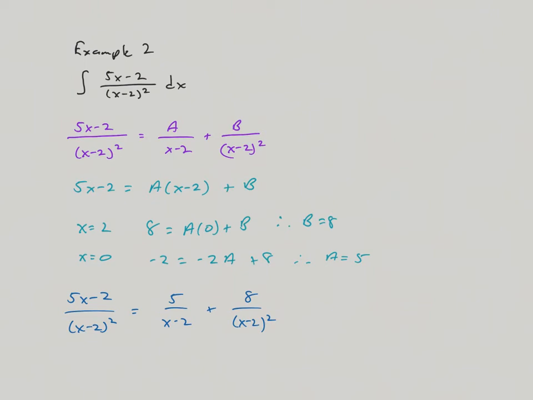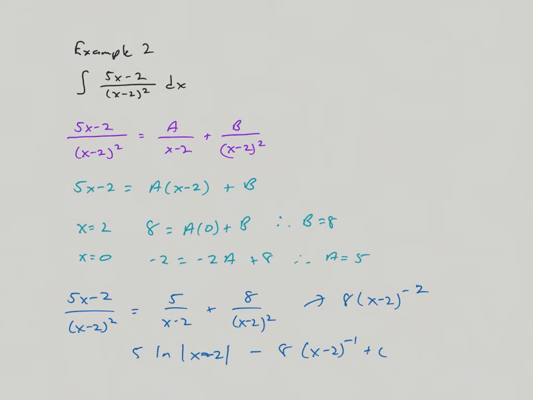That antiderivative is going to be 5 times the natural log of x minus 2. And now I integrate the 8 over x minus 2 squared. Well, keep in mind, that's 8 times x minus 2 to the negative 2 power. So I can just use the power rule on this one. And so that's going to be minus 8 times x minus 2 to the negative 1, plus c.